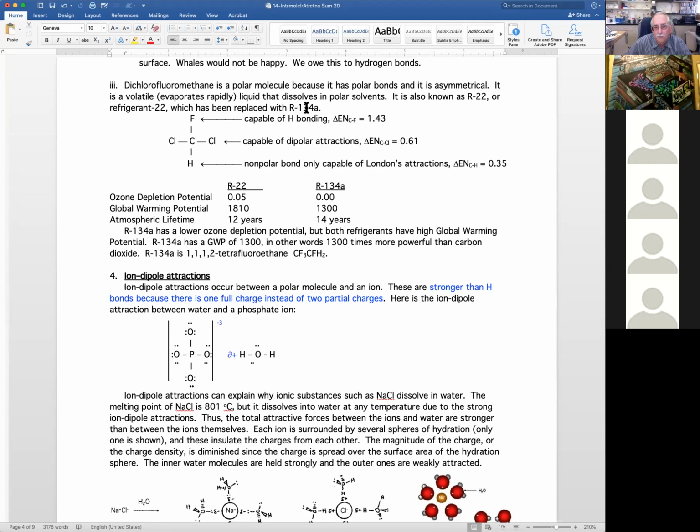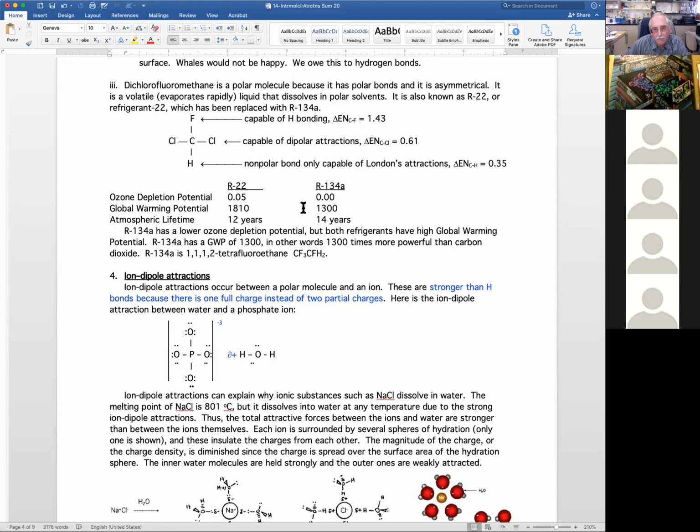So anyway, R22 has been replaced with 134A, and you might wonder why. Here's the ozone depletion potential for both. R22, ozone depletion potential wasn't bad, but at least this is 0. Global warming potential is less, even though the atmospheric lifetime is low.